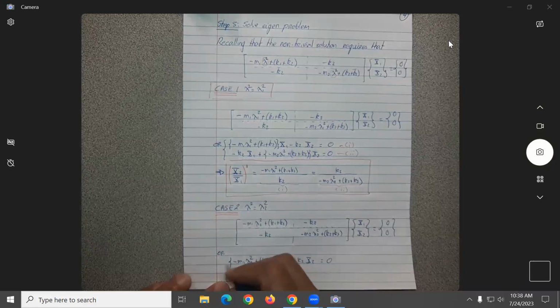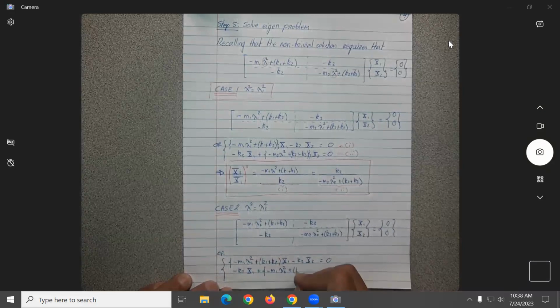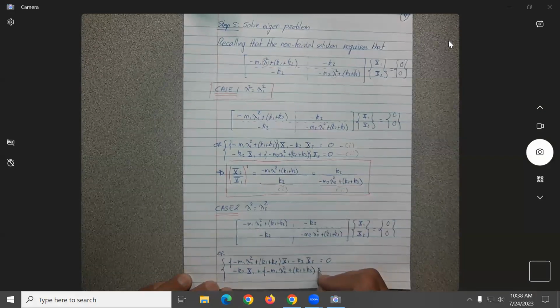Okay, and minus K2 X1 plus minus M2 λ2 square plus K2 plus K3 X2 equal to 0.